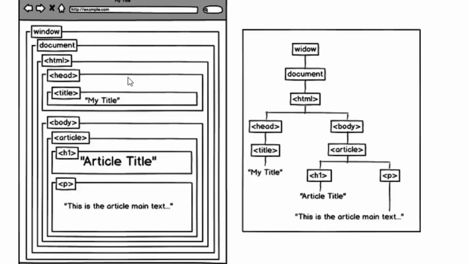So you can think of the DOM as a series of containers like this, or you can also think of it as what we call a tree structure here. So these tree documents, I always think they should be turned upside down so that they look like a tree. But what this really is, it's the root. So it's what's underground. So that's why it goes down. But anyways, the root starts with the window object.